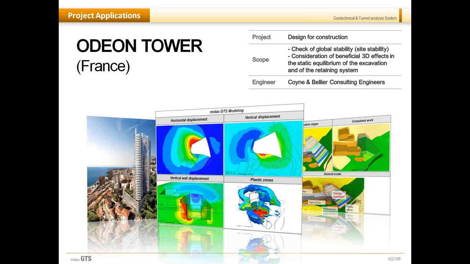In Monaco there are a lot of buildings everywhere, and building a very high-rise building like that in the middle of all that is very complex. So this project was really complex, and using GTS to perform all that was really a big help for this project.